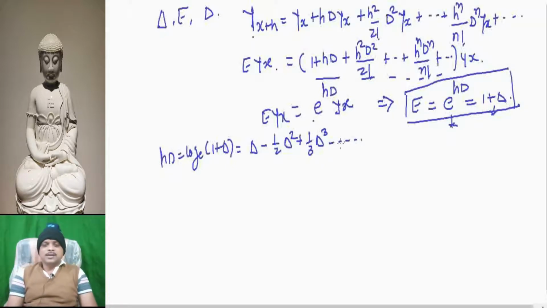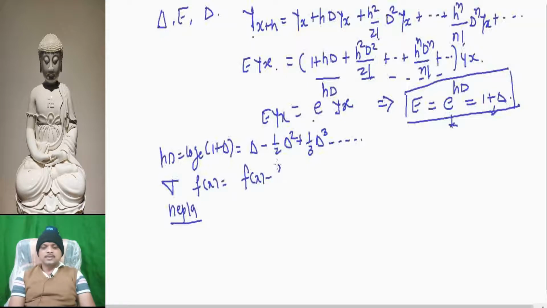Now friend, here we define the backward difference, and we denote it by the symbol nabla. Nabla of f(x) equals f(x) minus f(x minus h).